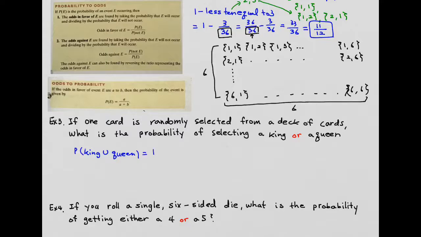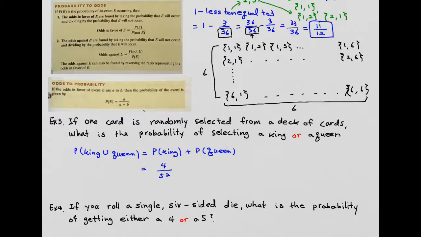It means we're going to find the probability of getting a king plus the probability of getting a queen. The probability of getting a king is 4 out of 52, because you have 4 kings in 52 cards.